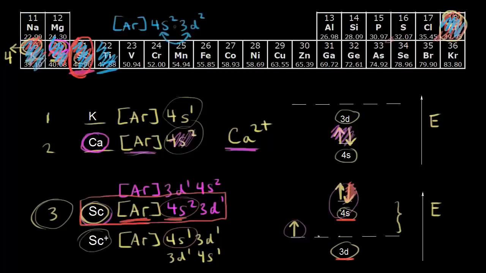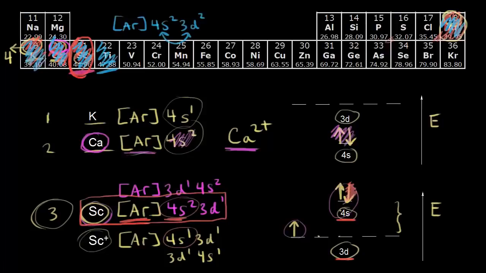Once again, this implies the d orbitals fill after the 4s orbital, which isn't true, but it does get you the right answer. So it's useful to think about it both ways. It's useful to think about the energy levels properly, but at the same time, if your goal is to get the answer the fastest way possible, looking at the periodic table and running through the electron configuration might be the best way to do it on a test.